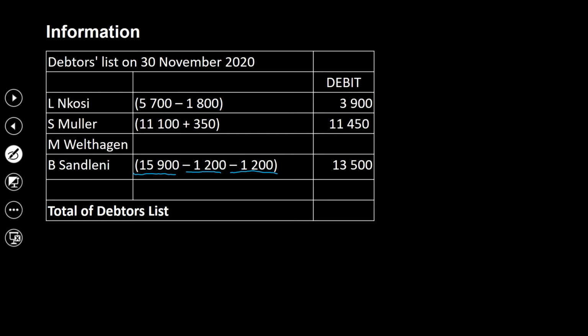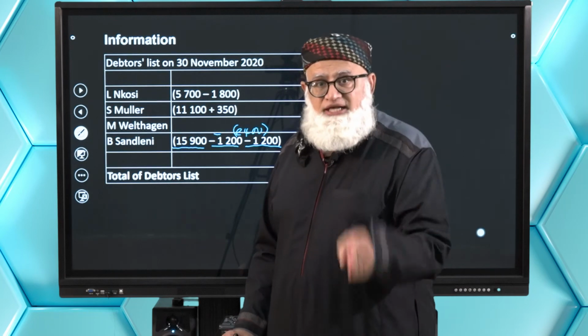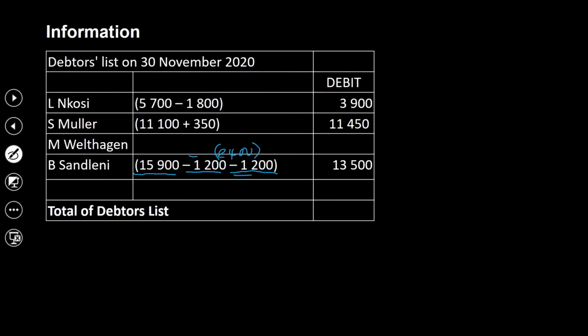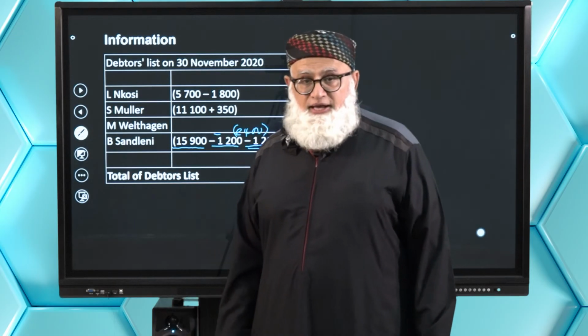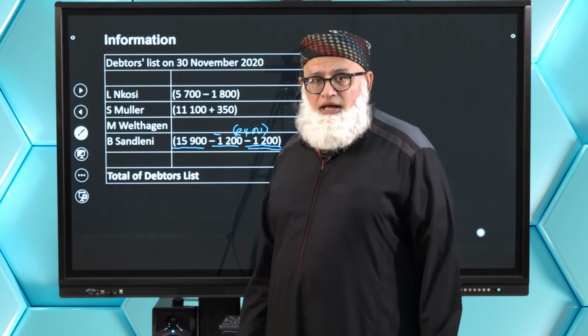You could have shown this as a minus 2,400, obviously it's the same thing. But the reason I separated it here for you was to show you that the first 1,200 just cancels out the error, and then the actual return of the goods was the 1,200. So 15,900 minus 1,200 minus 1,200 will give you a net figure of 13,500. Okay, right. So that error is now sorted out.